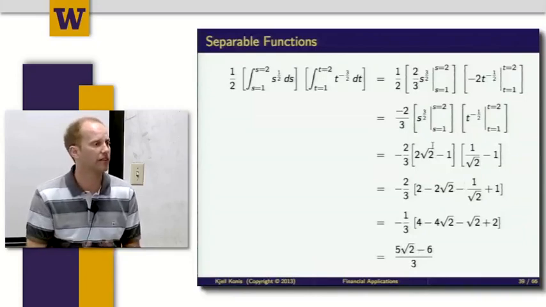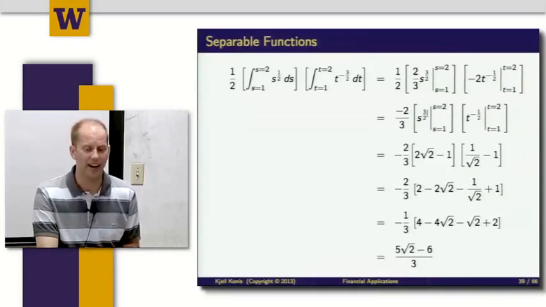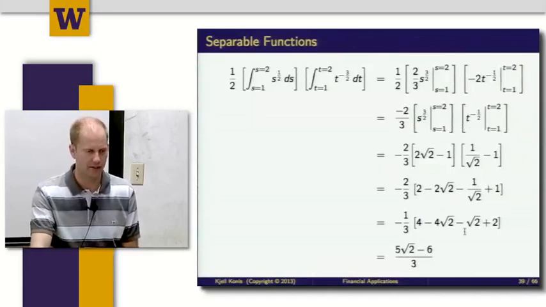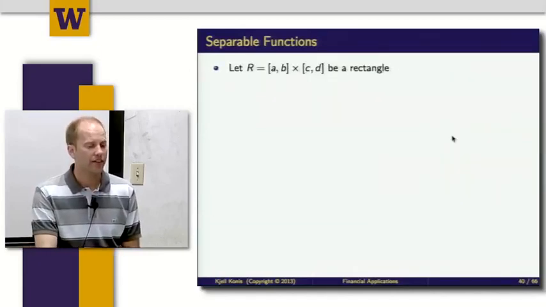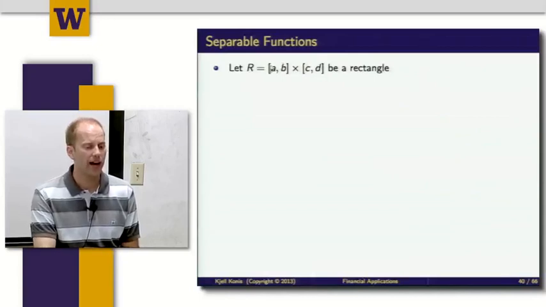But because we were able to separate this integral, at least for me, I felt it was a lot easier to evaluate it this way than it was to evaluate it trying to integrate it twice as an iterated integral. And in general, this is going to work only when we have a rectangular domain of integration.